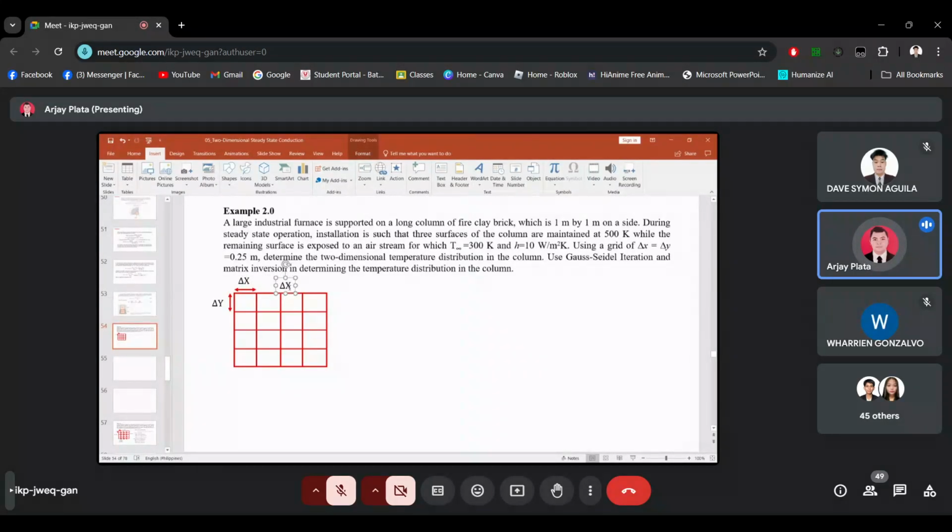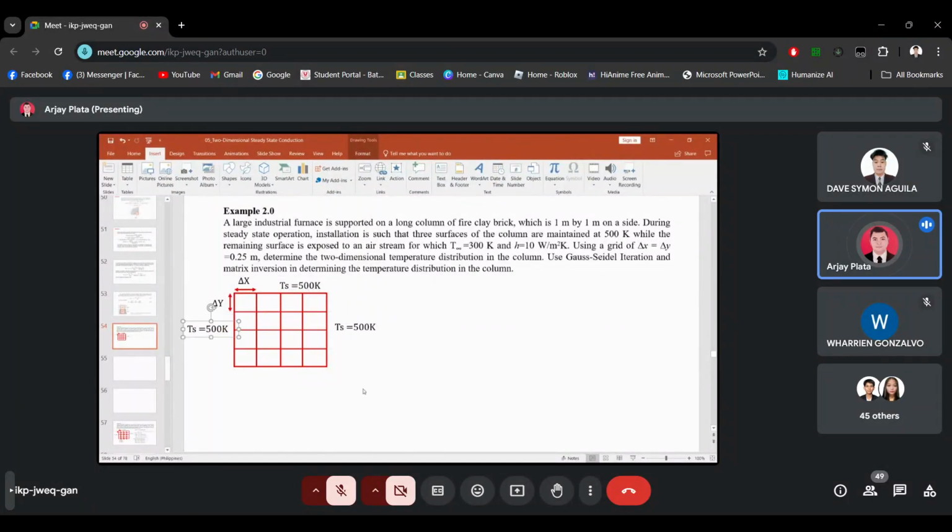We have here Ts equals 500 Kelvin on three sides.